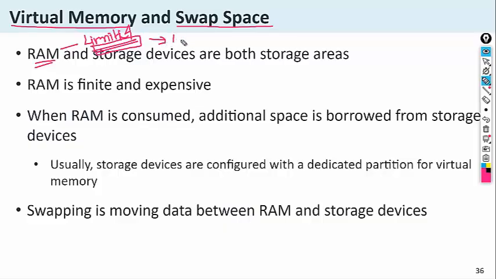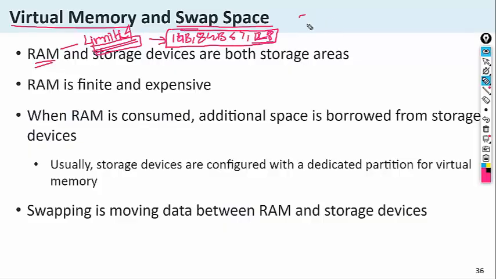Like you can use 1 GB of RAM, 8 GB, 64 GB, or 128 GB. It depends on the motherboard and the processor how much memory it will support. So there is a limitation of this memory.